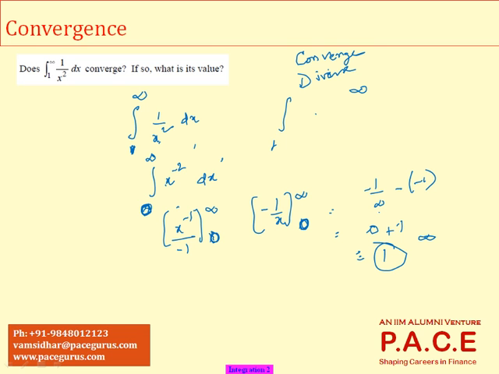Convergence typically comes in only when we are looking at from an infinite perspective, and where one of the limits is infinite, and I want to see whether this entire integration comes out to one single value or it completely diverges, I can use this kind of a mechanism.